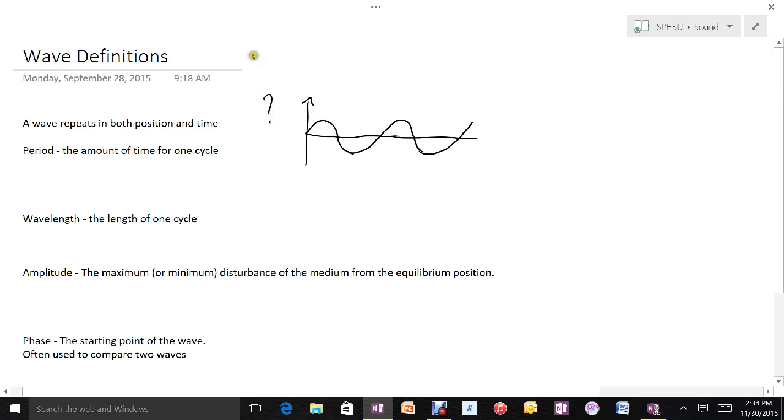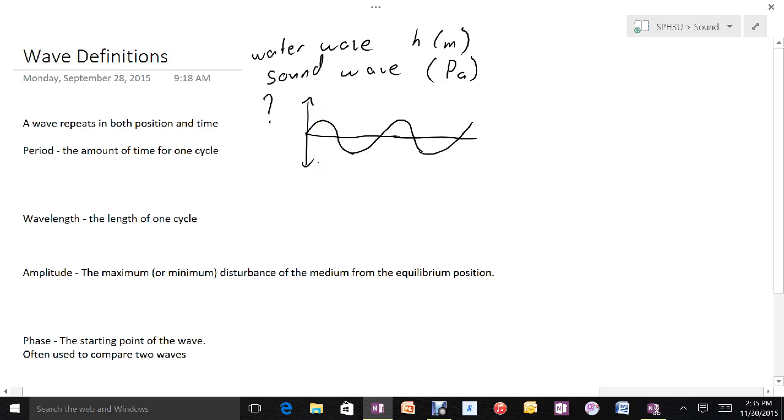Like if it was a water wave, we might have height as it would be measured in meters. If it was a sound wave, we might have a measure of the air pressure, or pascals, or something like that. So it depends on the kind of wave. So we can't really label that axis unless we define what kind of a wave it is.